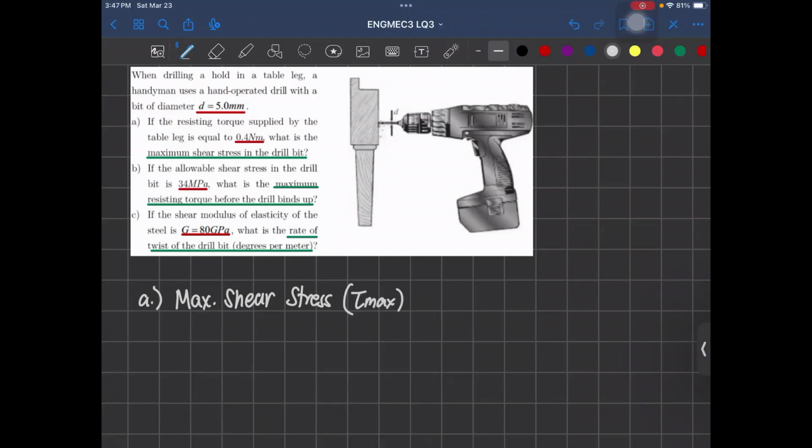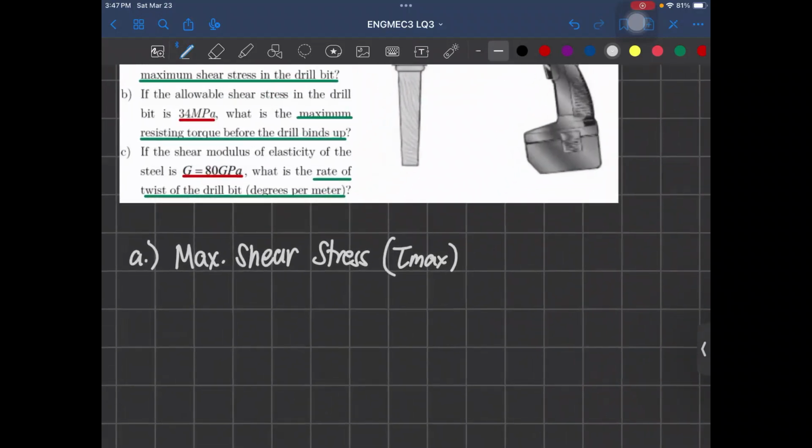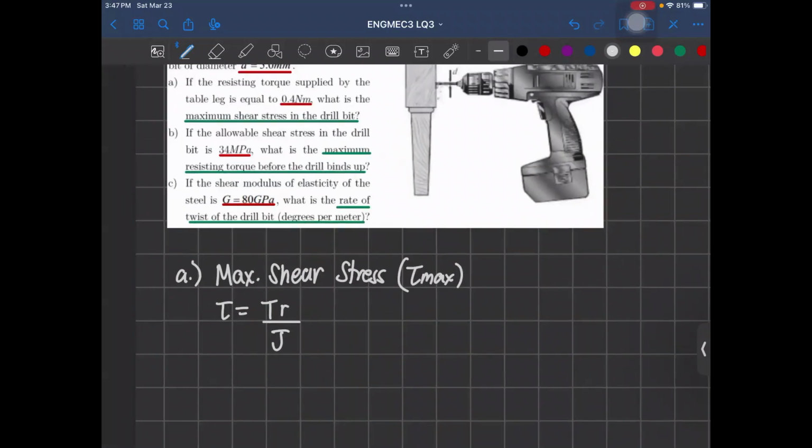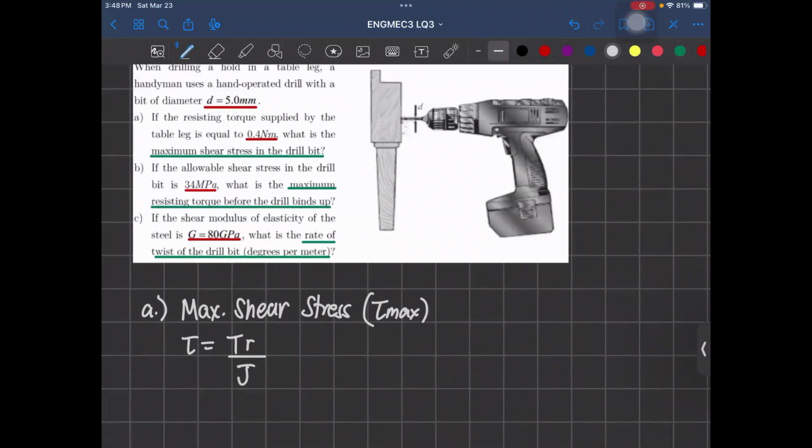The relationship between the shear stress and the applied torque is tau equal to the torque times the radius over J. The maximum shear stress in the shaft occurs at the outer surface, so we have to focus on the outermost part. It's important to take note of our D because R is just D over 2.